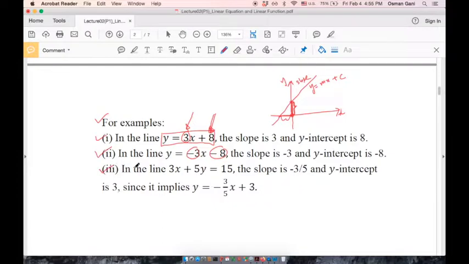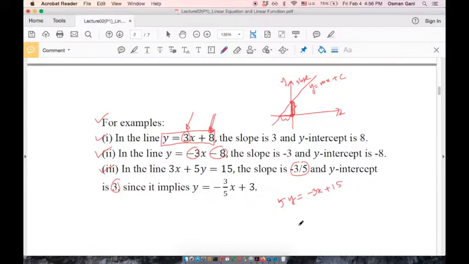And in this line, the slope will be -3/5 and y-intercept will be 3, because you need to convert this line to the standard form. So let us see how we can do that. We can write 5y equal -3x plus 15.